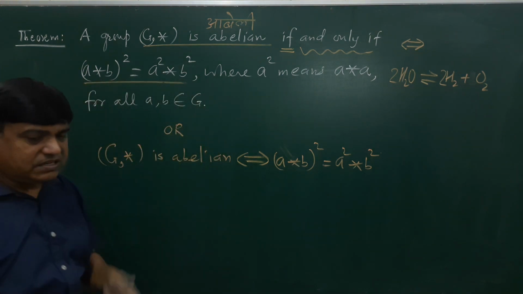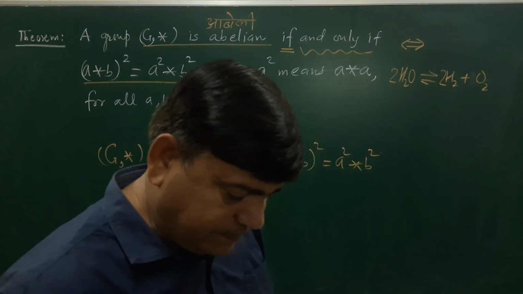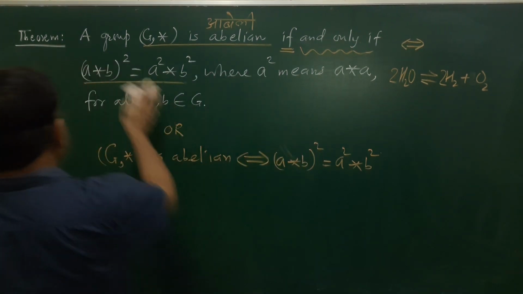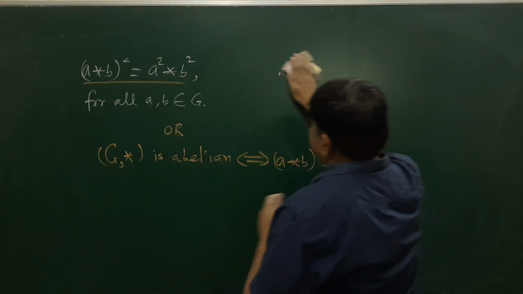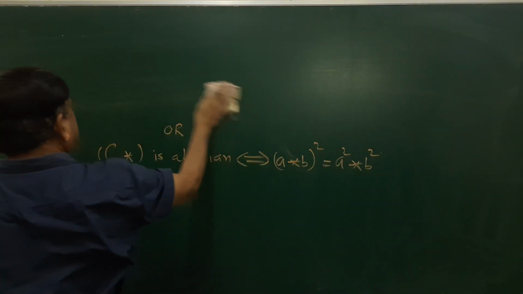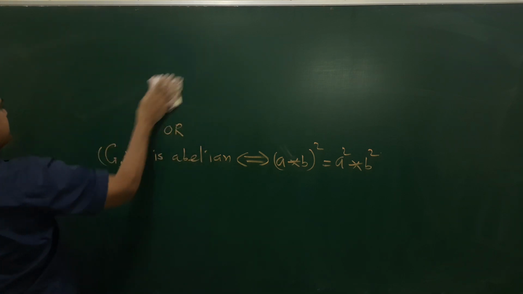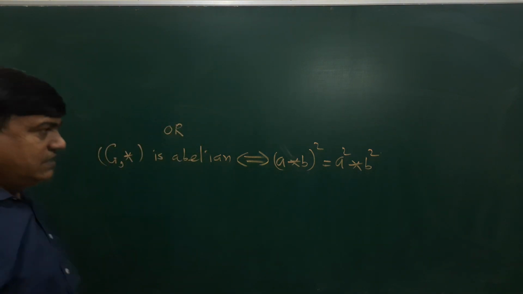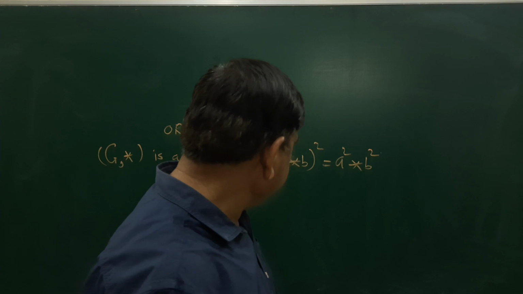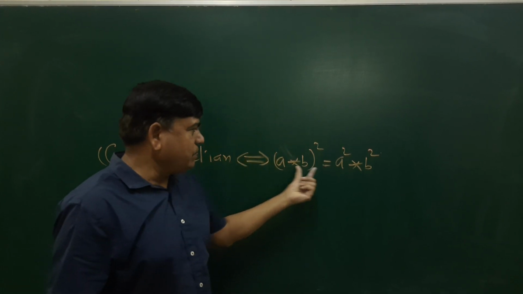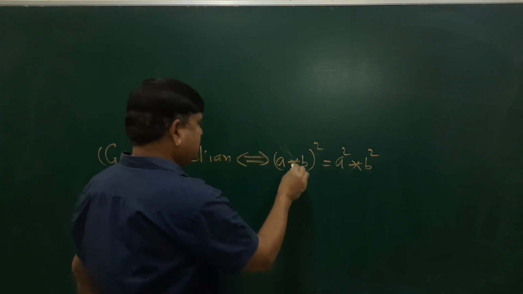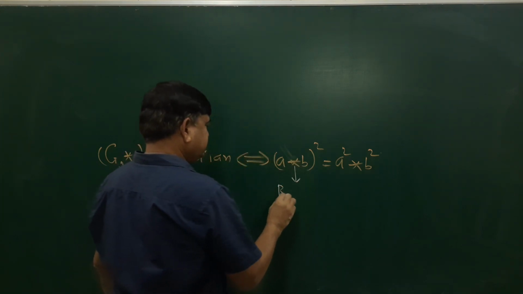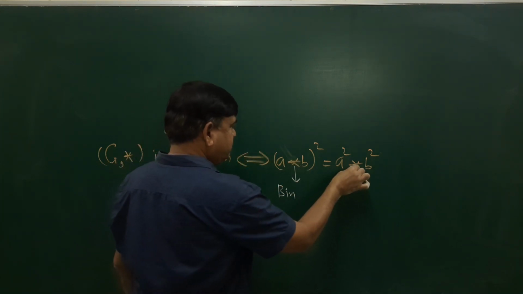Okay, let us continue. Most of the students can think that (a star b) whole square is a square star b square. Always remember, this is a binary composition.